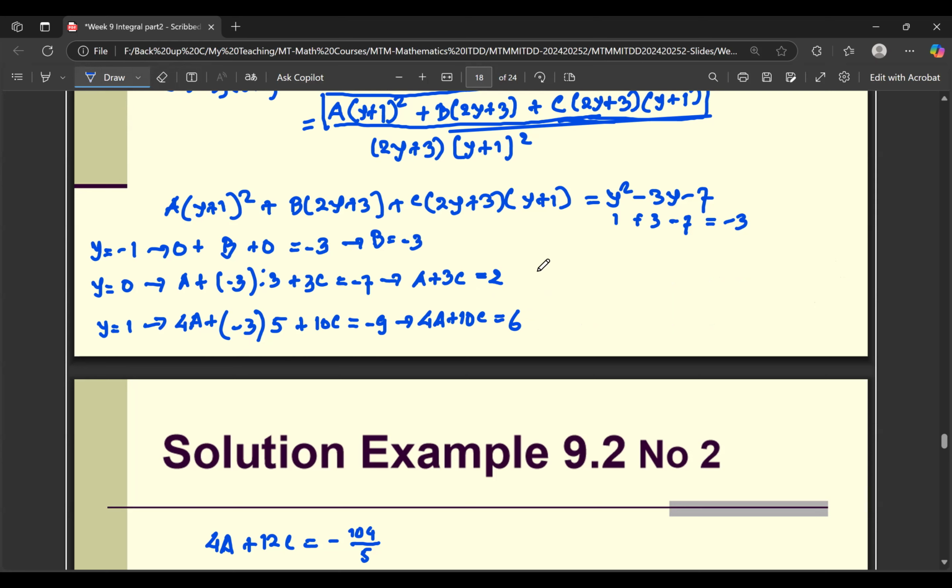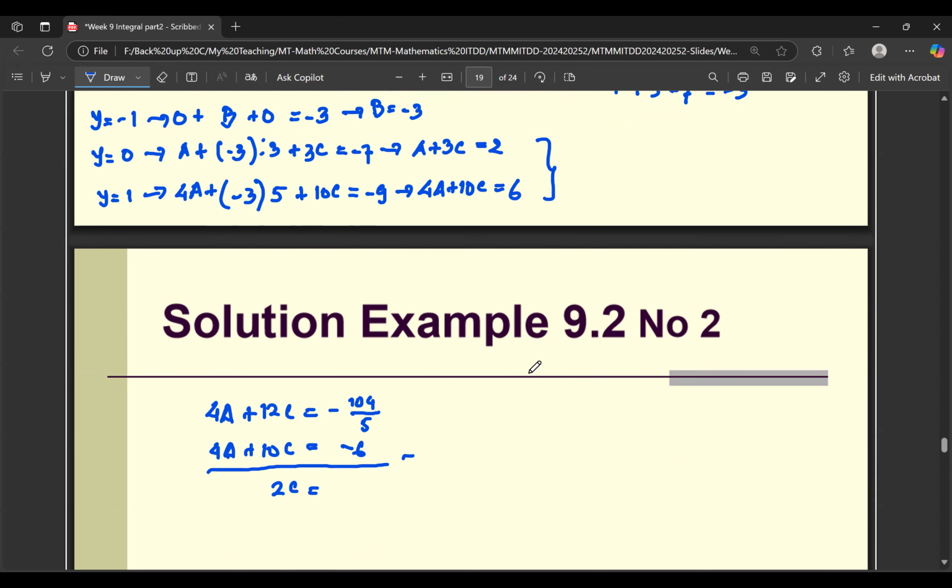Okay. Let's solve it, and it is easier. We do it in the next slide, because we multiply by 4.